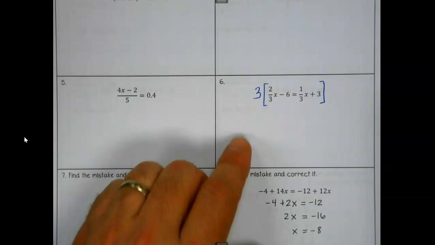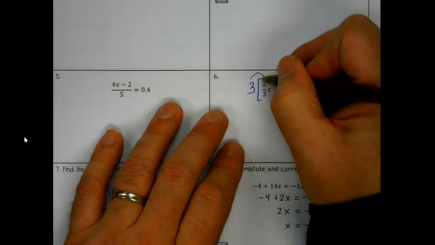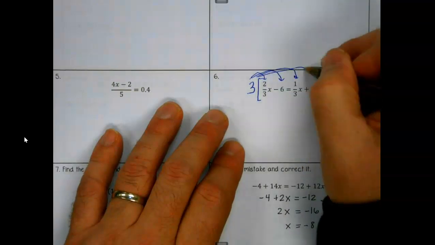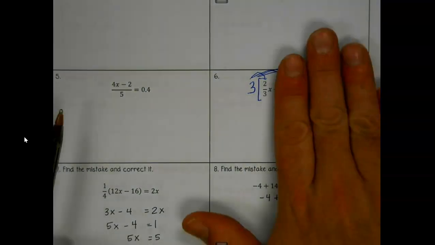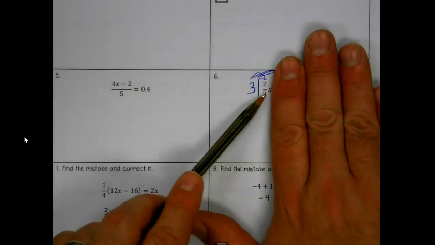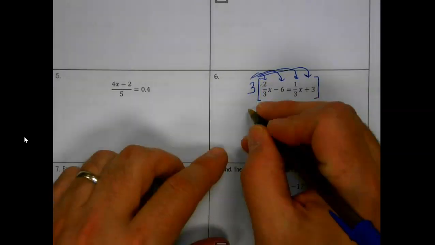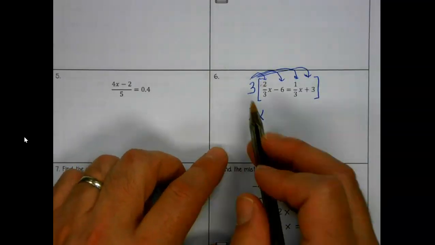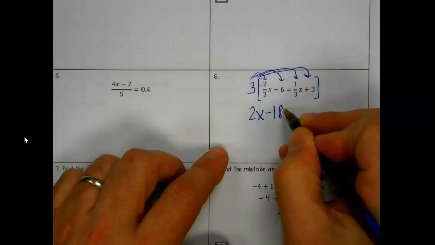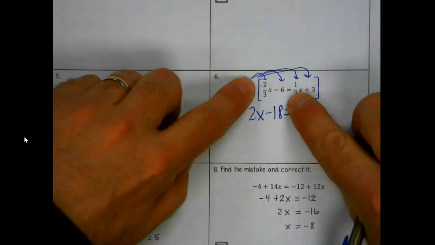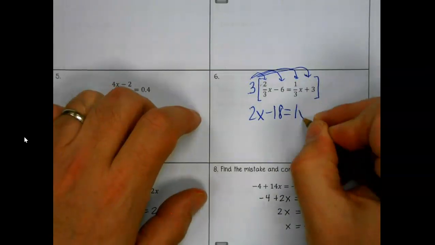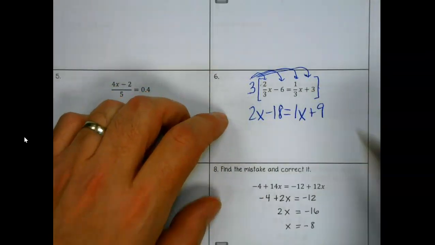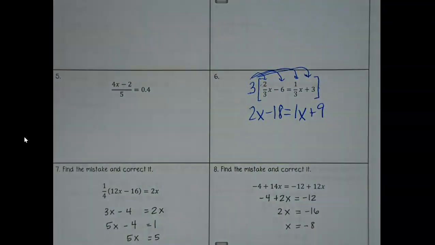What I can do instead is multiply everything by that common denominator, and they're all going to go away, because here the 3's just cancel and leave me, I've got to have the 2 still, with the 2 up top. 3 times negative 6. Again, on the fraction, the 3's just cancel out and leave me with the stuff on top. Now it's pretty normal. So if you run into multiple fractions, that's probably going to be your best escape. If there's one, we can deal with one. But otherwise, we should be good there.